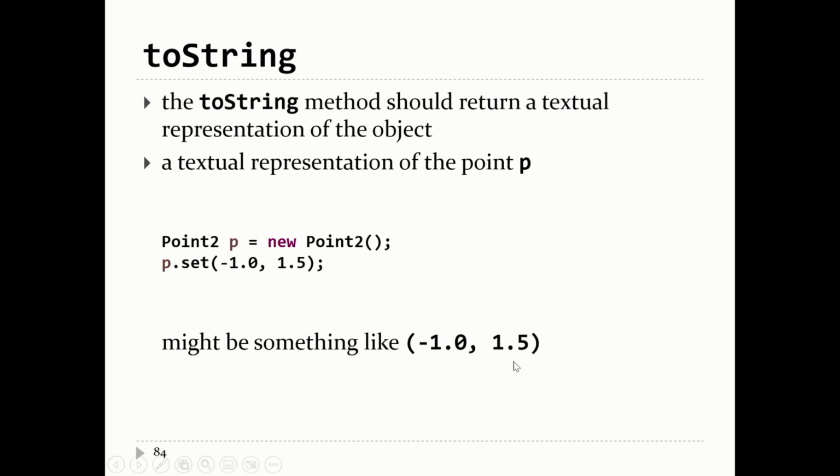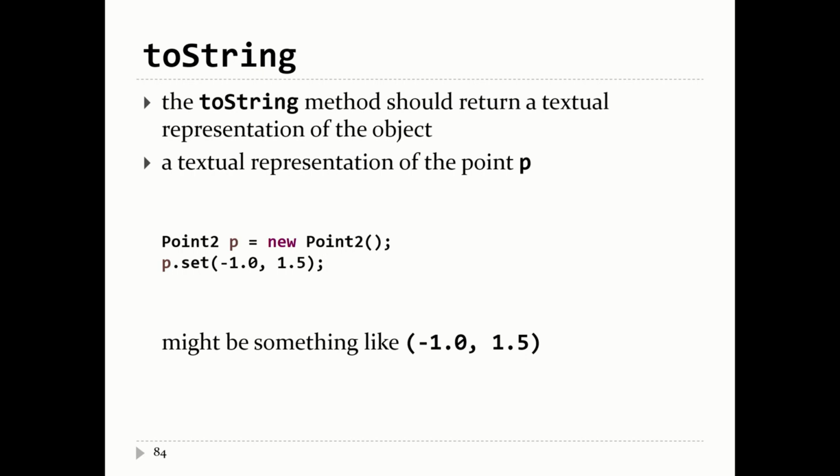If I print the point -1, 1.5, maybe we should print it inside round brackets, the x coordinate followed by a comma, followed by a space, followed by the y coordinate.